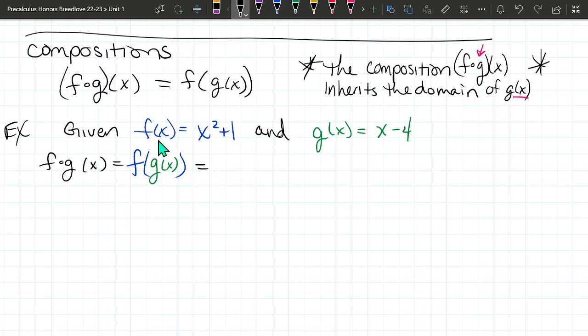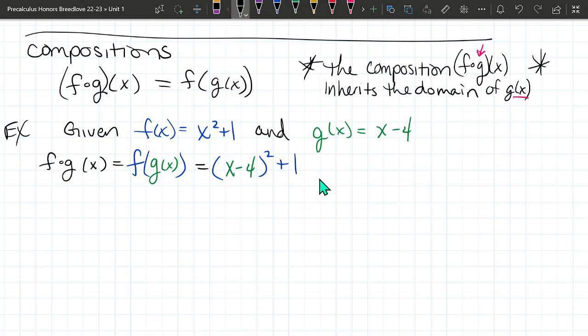Alright, so we start by writing the f function, because that comes first in either case. We're going to write the x as really being a blank there. Squared plus 1, so there is the f function with no x in it. And we're going to take the g function and plug it in because that's what's happening in the notation. So that's x minus 4. You put it inside where the x was for the first function.